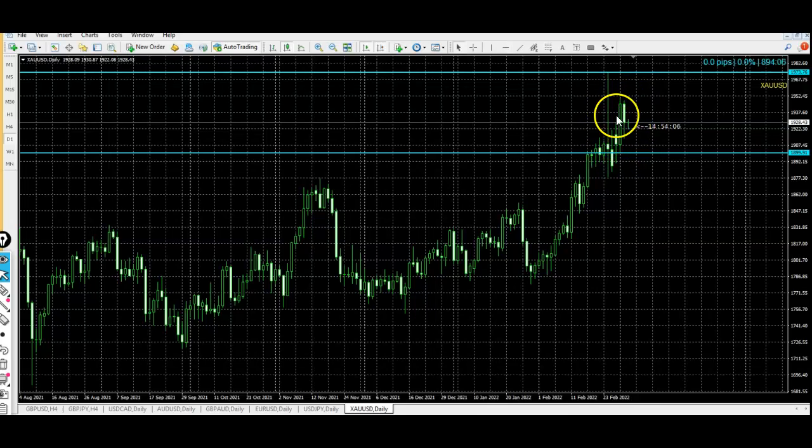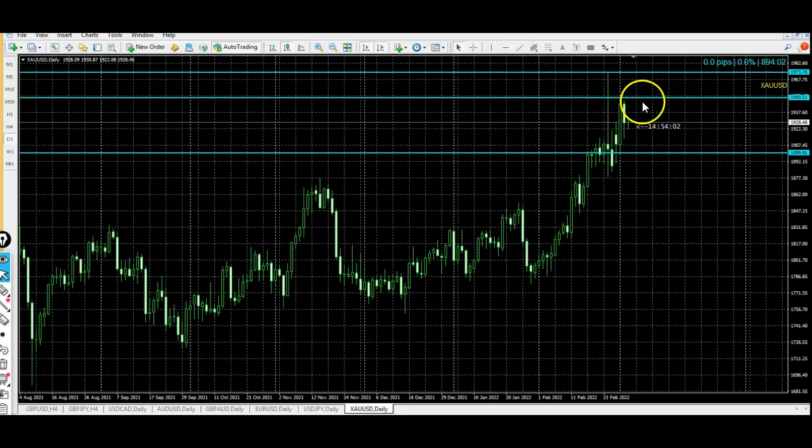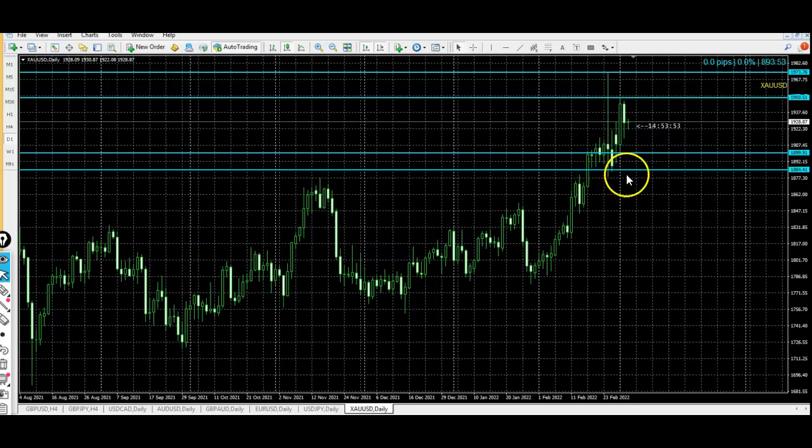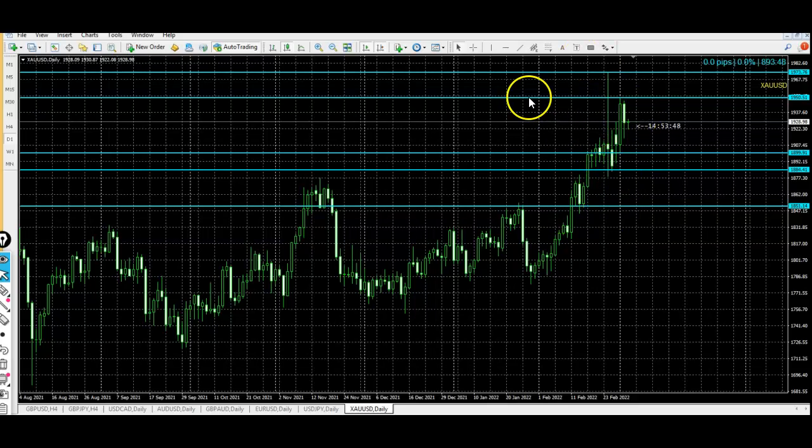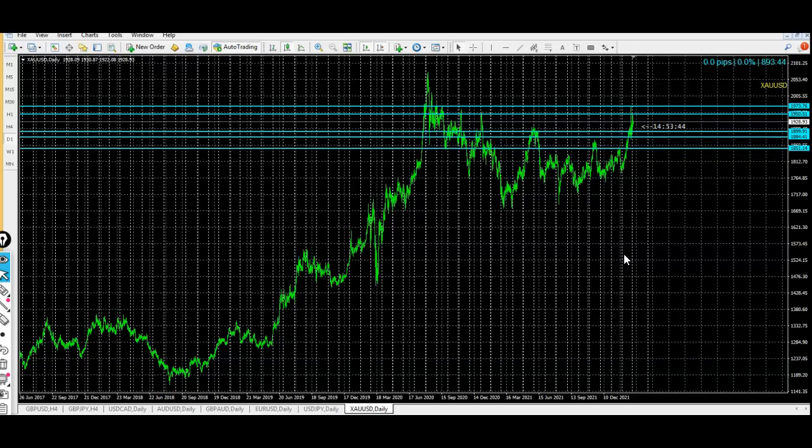So what I'll be doing is watching for price reaction once it gets up here, or if it gets down here. Then the lower parts, these are the other lower parts. Price will get down here and turn. These are other turning points. So let's see what price does in these zones.